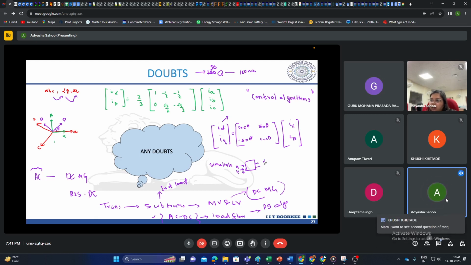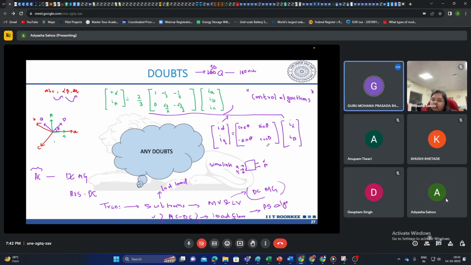And if you want the direct relation between them, so alpha, beta to DQ or ABC to DQ, this will be basically multiplication of these, right? Because this alpha, beta will be replaced by this, right? So if you multiply these two, then direct multiplication. So that way.